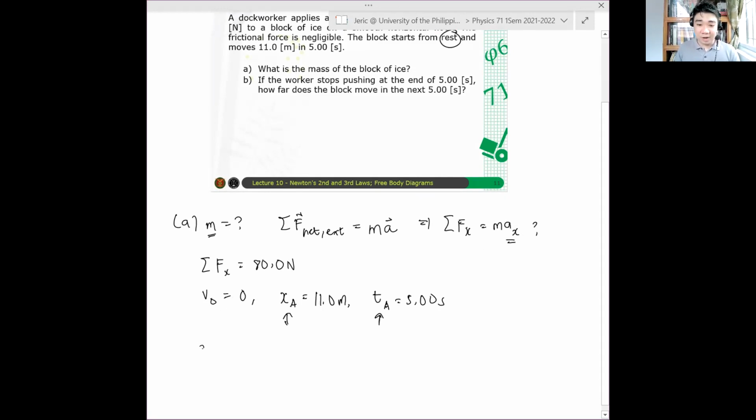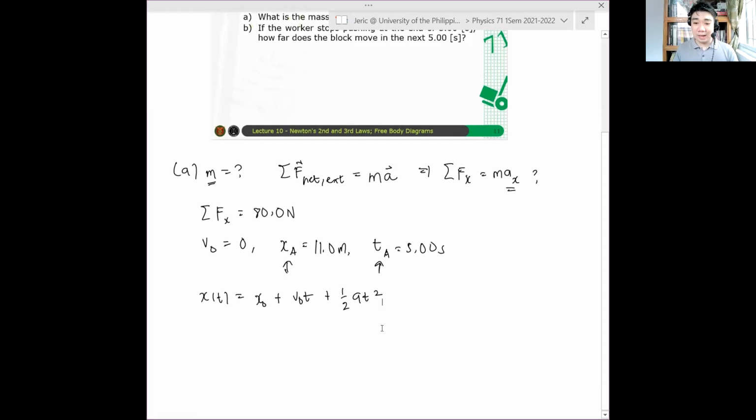You use your position time function, x of t, is simply x naught plus v naught t plus 1/2 a t squared. But we know that at t equals 5 seconds and at some given acceleration, the position is given by 11 meters. Therefore, xa equals, this is 0, this is also 0, and hence you have 1/2 a times ta quantity squared, implying that the acceleration is twice xa over ta quantity squared.